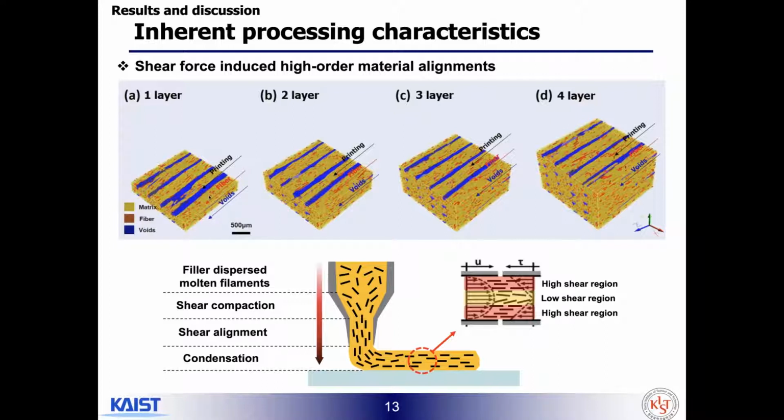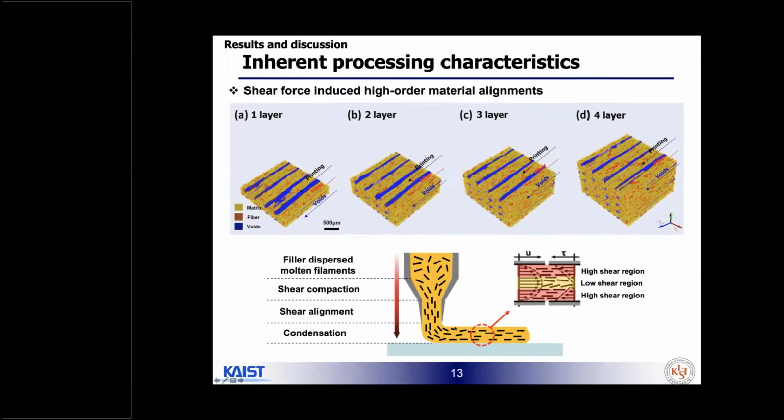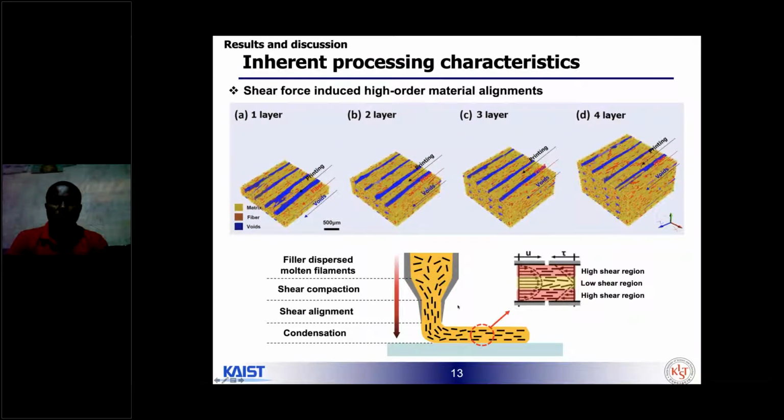This phenomenon is closely related to the high level of shear stress exerted on molten resin when it passes through the narrow printing nozzle. On the bottom of the slide, you can see how the fiber can be shear aligned from the narrow nozzle wall during 3D printing.